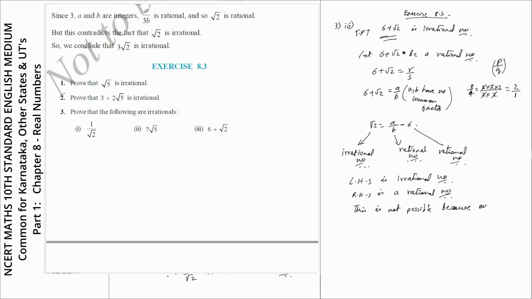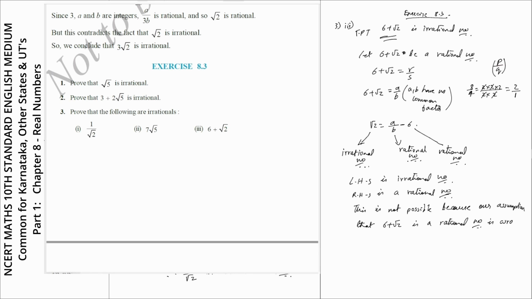because of our assumption. What did we assume? We assumed that 6 plus root 2 is an irrational number. Sorry, 6 plus root 2 is a rational number. So this is not possible because our assumption that 6 plus root 2 is a rational number is wrong.